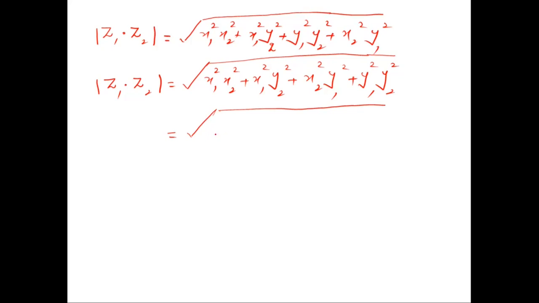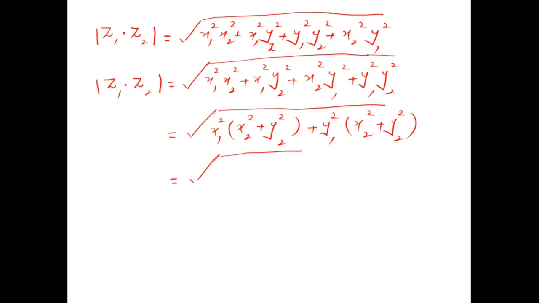Taking x1 square common, x2 square plus y2 square, plus y1 square common, x2 square plus y2 square, equals square root of x1 square plus y1 square and x2 square plus y2 square.